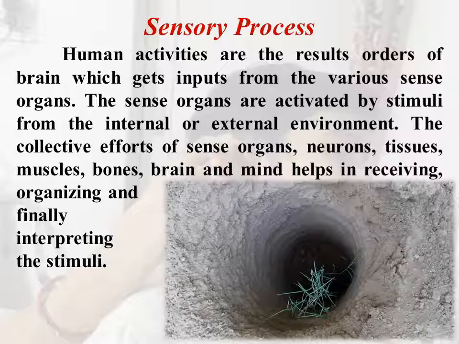While doing this activity, that is during the sensory process, meaning sensing the information and activation of the sense organs, got my point? During the resultant activities, when the brain orders your sense organs or other organs to do some activity, it's not a single unit function. It's a combined function of your sense organs, neurons, tissues, muscles, bones, and brain as a whole.